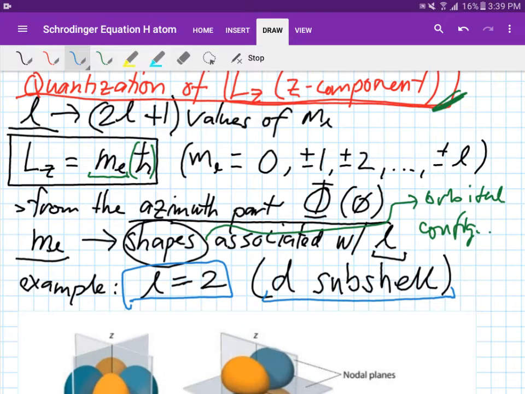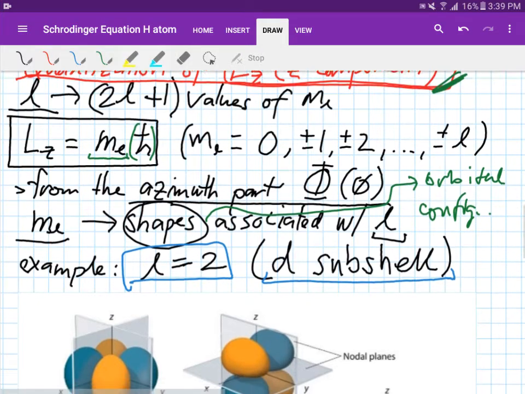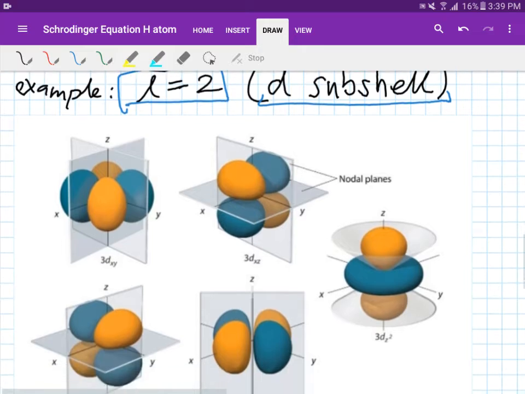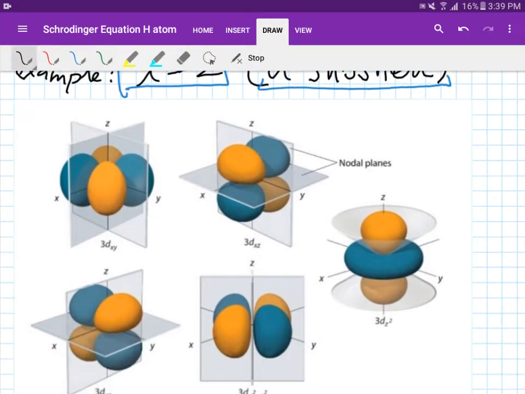This d subshell has 2l plus 1 shapes associated with it. So you would recall, l equals 2 gives 5 ml values. These are negative 2, negative 1, 0, 1, and 2.